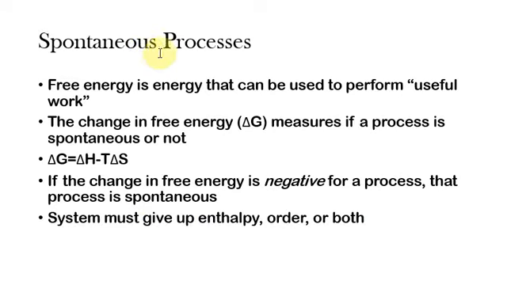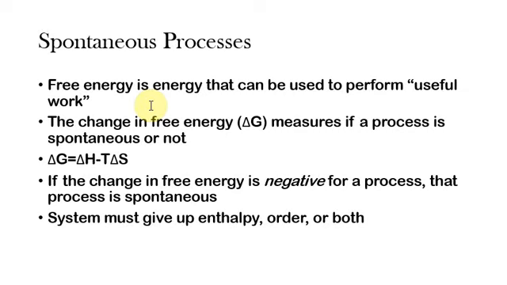Spontaneous processes are, as the name suggests, any process that is spontaneous, and the way we're going to determine whether or not a process will be spontaneous is what we're going to be looking at in this slide. Free energy is a form of energy, a type of energy that can be used to perform useful work. In other words, like I was saying, it's ordered energy.